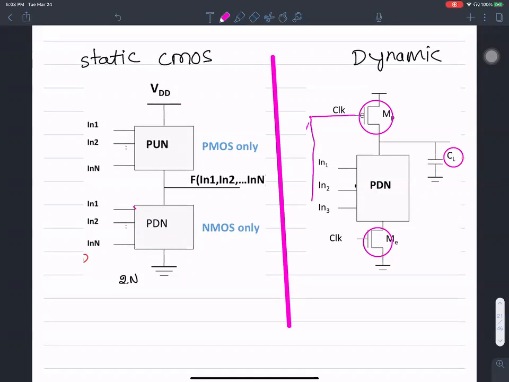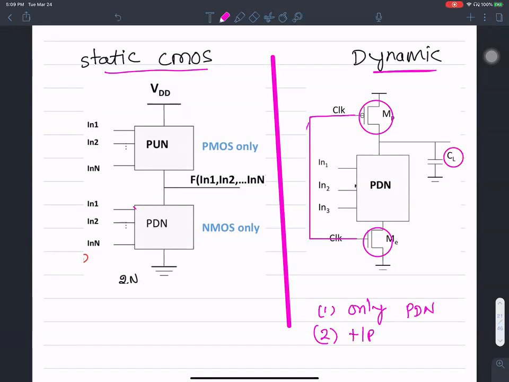So it's easy to see that there is quite a bit of similarity between static CMOS and dynamic CMOS, but there are also some significant differences. The main differences are that dynamic CMOS has only the pull down network, plus one PMOS and one NMOS, and then the CL capacitor, and of course the clock input.